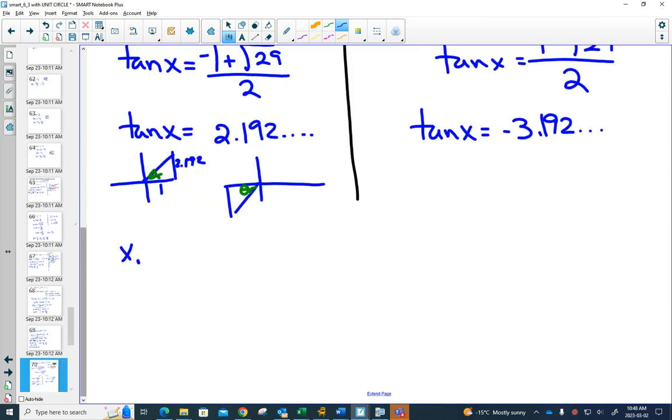I could find my reference angle by doing tan inverse of 2.192, and I get my reference angle to be 1.14.